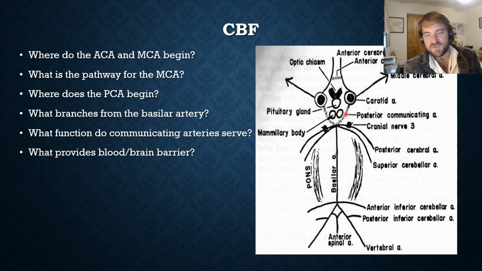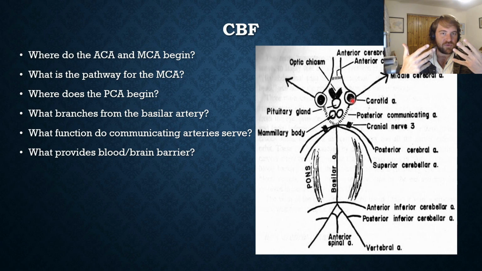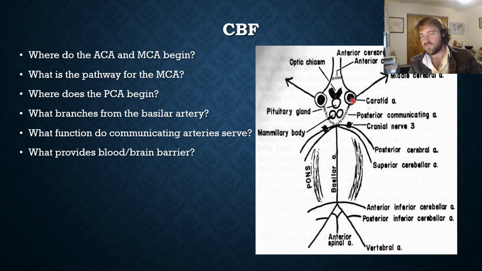you have the posterior communicating artery coming up from the end of the basilar artery or the beginning of the PCA. And that's going to come up to the carotid artery right here. We've got one on each side, right and left carotid arteries. The carotid arteries are coming from other parts of the body. And by the time they get up here to the brainstem, they're going to kind of dead end as well.